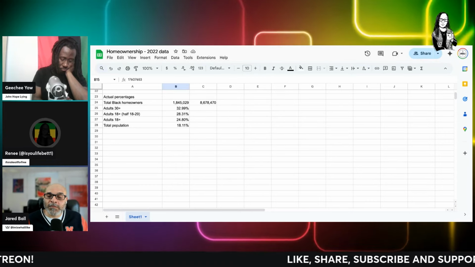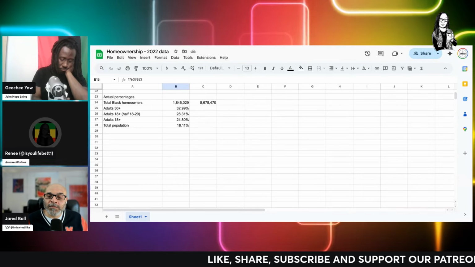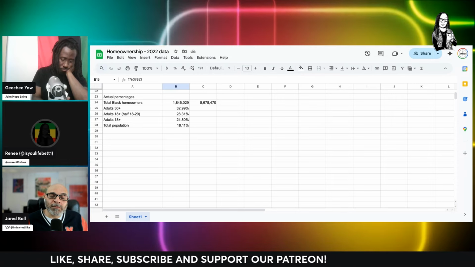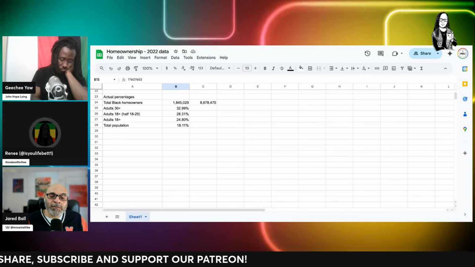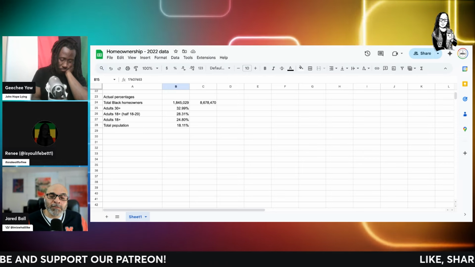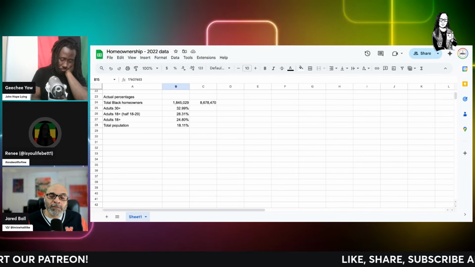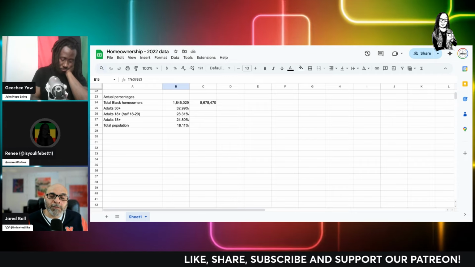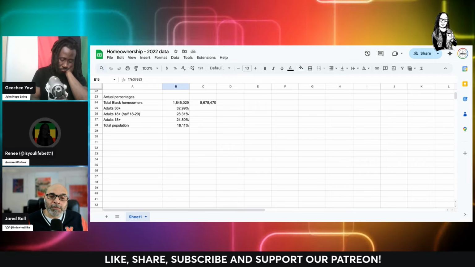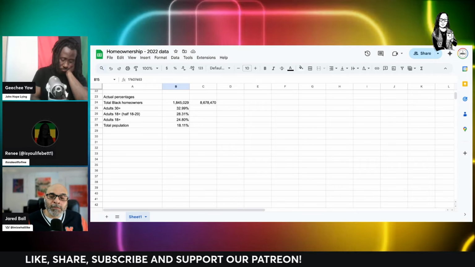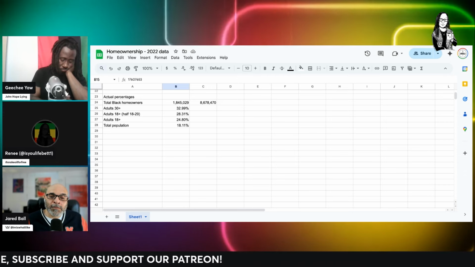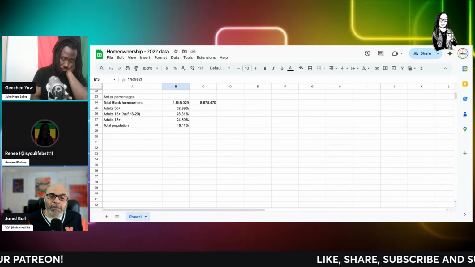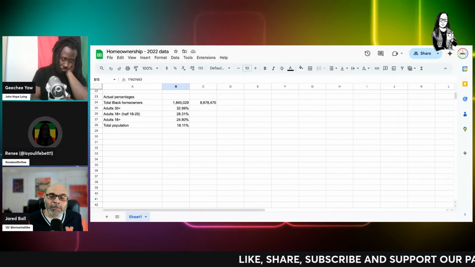So we're going to change our numerator, the number on the top, to 8.67 million, right? Because that is calculating the idea that a couple would count as two Black people in the numerator, okay? So if you go with that number as your numerator and your denominator is the number of Black people over 30, it's 33%.